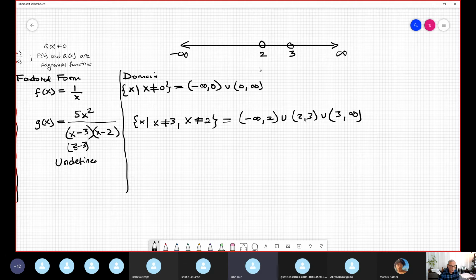And the same with 2 minus 2 is 0. So we have two holes, one at 2, one at 3. This interval, this interval, and this interval. This interval is this, and this interval is this. Clear? Yes.